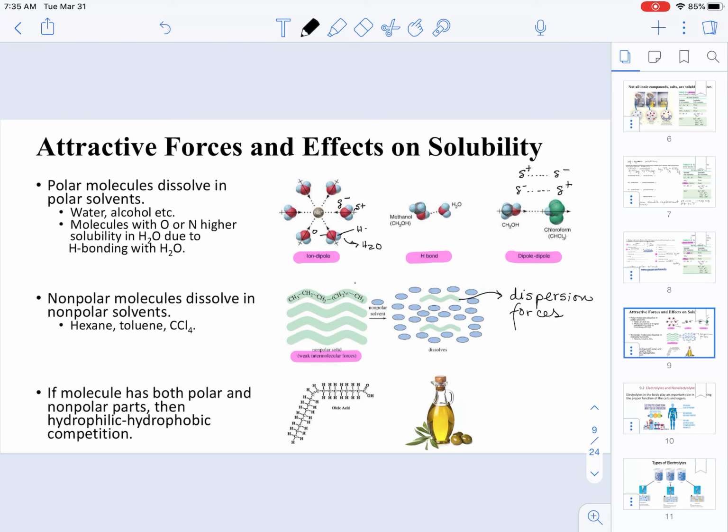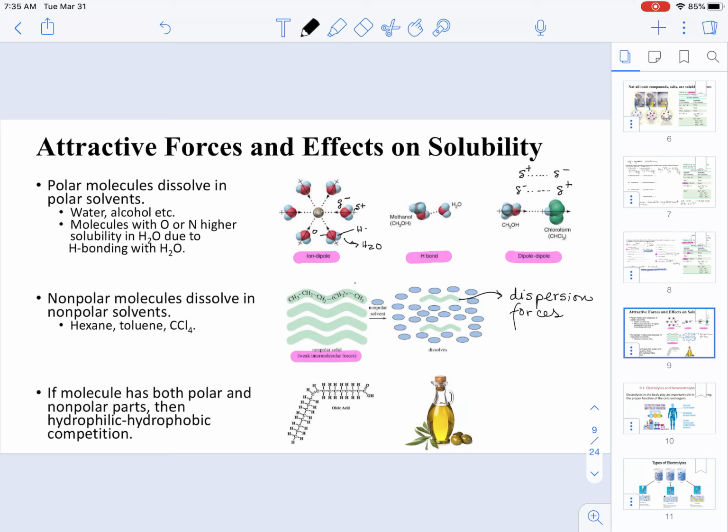So when we have nonpolar molecules reacting with nonpolar solvents, the attractive force that makes them interact is going to be dispersion forces. Now, if a molecule has both polar and nonpolar components to it, remember that it depends on the overall polarity of the molecule to see what's going to be the solvent that it can interact with.